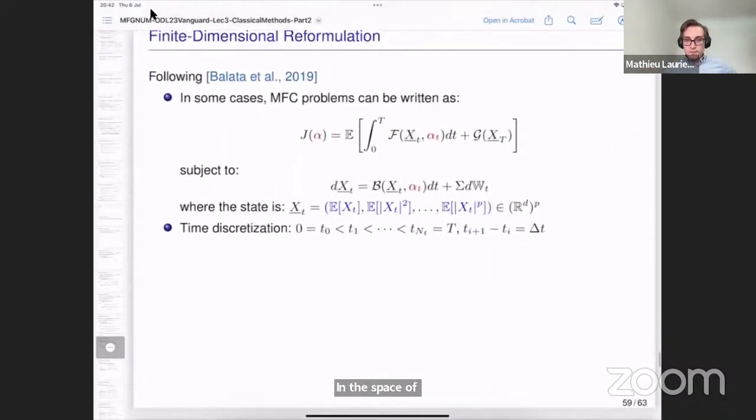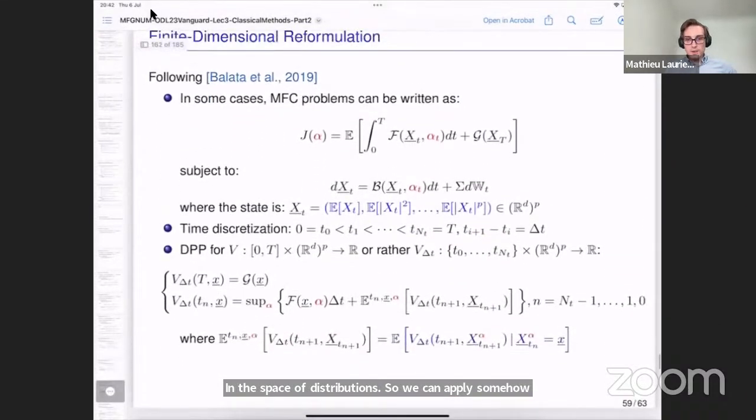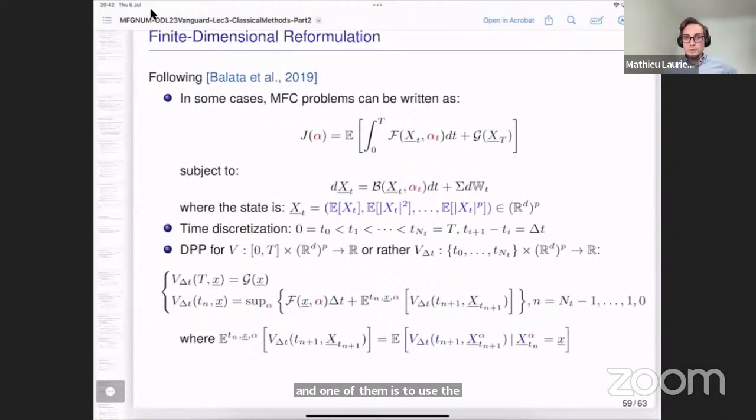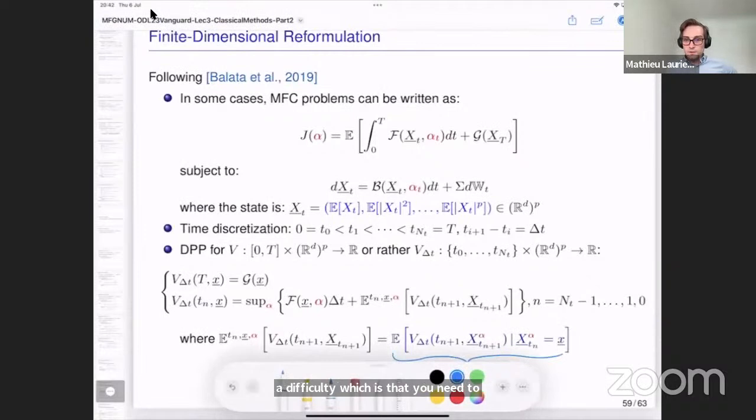So we can apply somehow standard technique from stochastic optimal control. And one of them is to use the dynamic programming principle with backward iterations. But when you do that, there is a difficulty, which is that you need to estimate a conditional expectation.